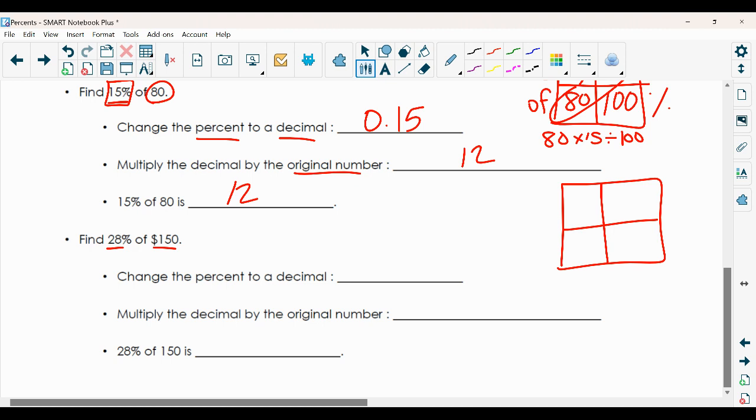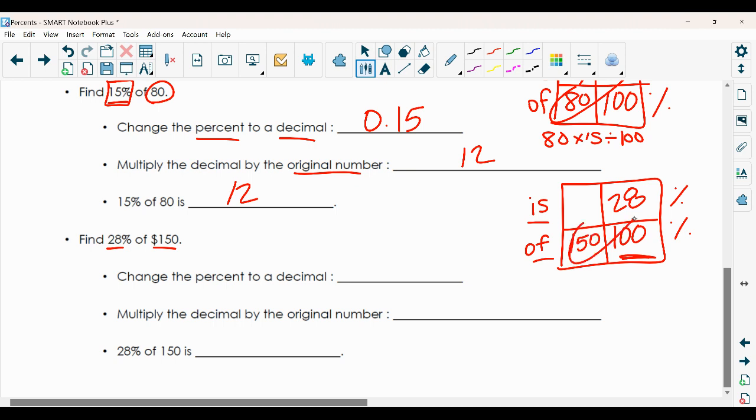If I put it in my percent box, what's going to go in this box down here? 100. What's going to go above that 100? 28%. What's my labels off to the side? Is and of. So where's the 150 go? Of. And now you just solve.